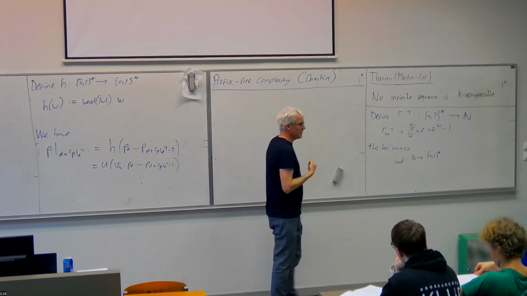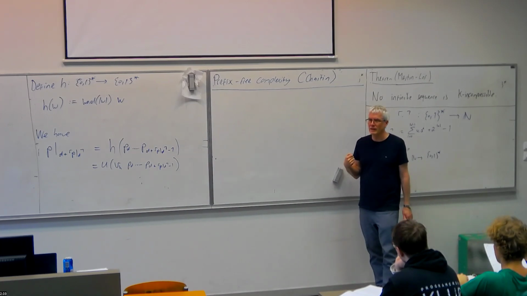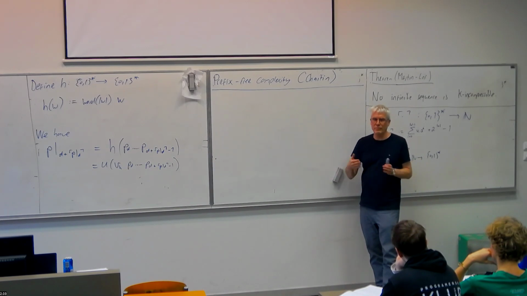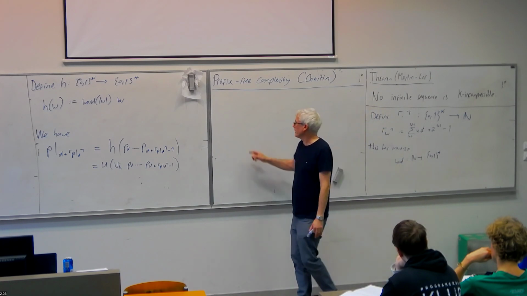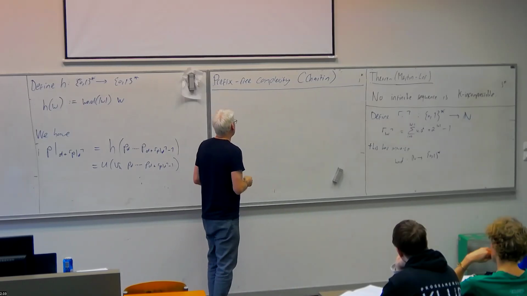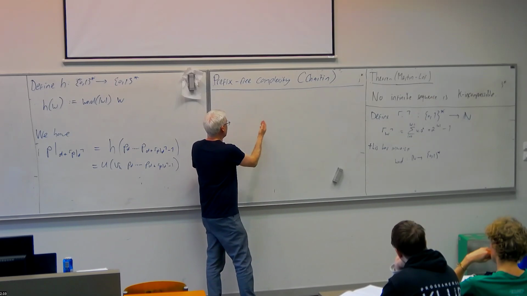Chaitin said, well, why don't we measure complexity in a similar way, so that we consider functions that take their input words but treat them in a self-delimiting way. So we can't get the length of it out.